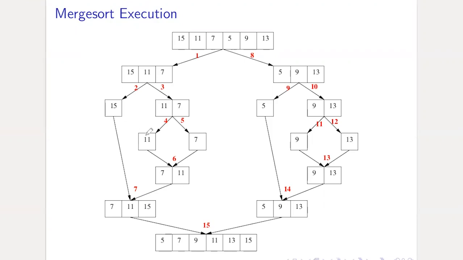As soon as the sublists become one element, the merging can happen. So as you can see here, now this 11 and 7 get swapped and correctly ordered in the merging process. And then it gets merged with the original 15, and then that also gets correctly ordered. 7, 11 and 15 is put to the right hand side.